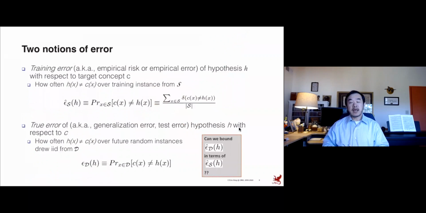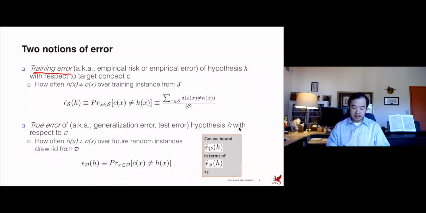So now let's look at the error more closely. We already know that there is a term called the training error, which is defined explicitly in this equation. It's epsilon hat subscript S of h, which is the probability that your predicted label by h disagrees with the given label c(x).